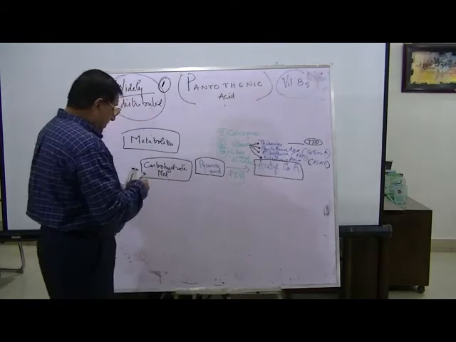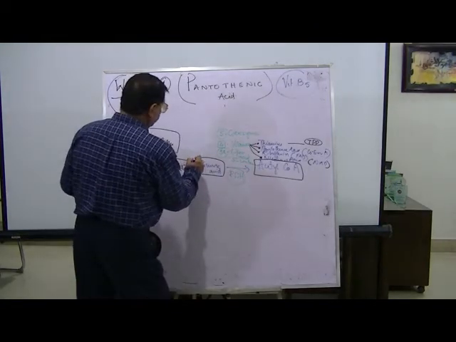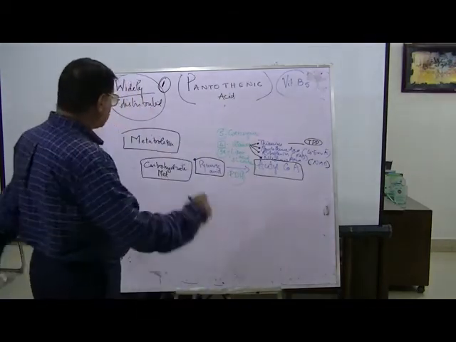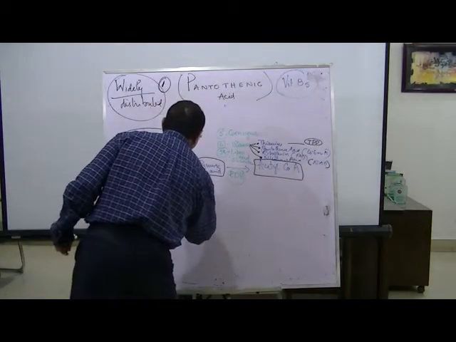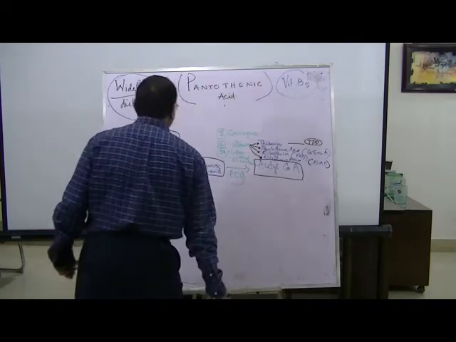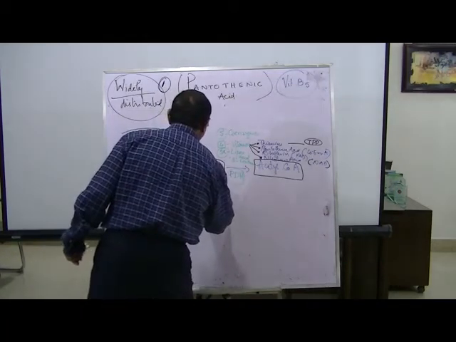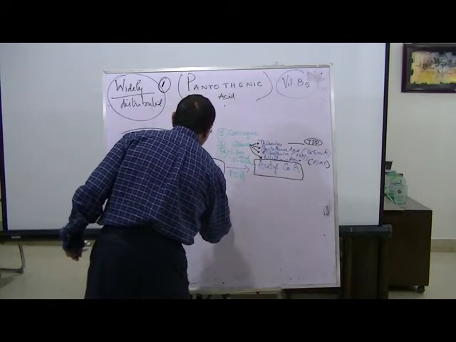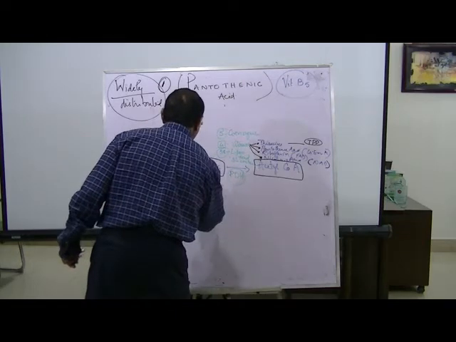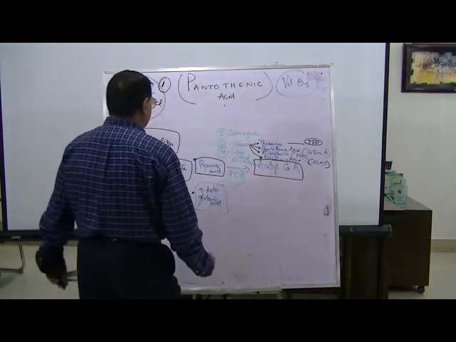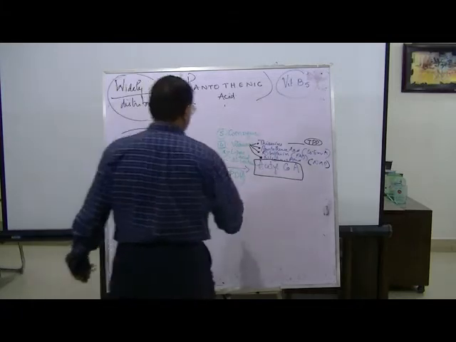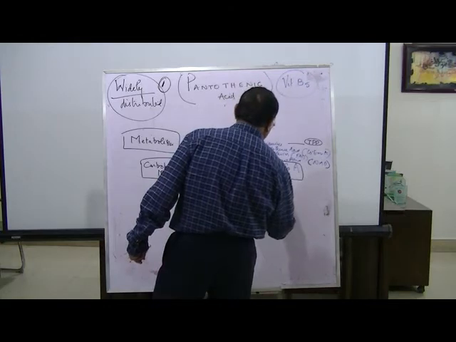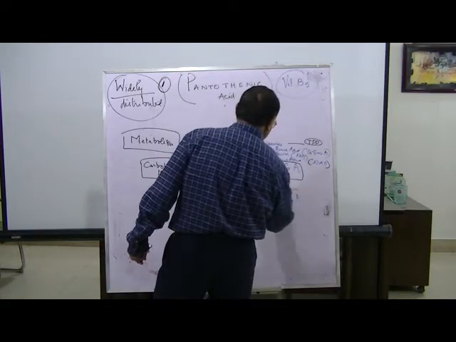Right. We have got another reaction in citric acid cycle, in the conversion of alpha ketoglutaric acid or alpha ketoglutarate to succinyl CoA.